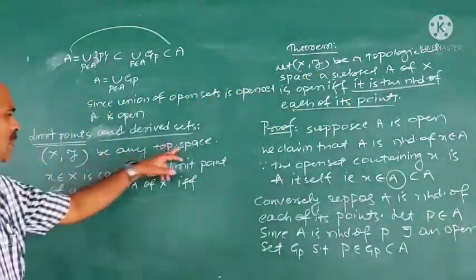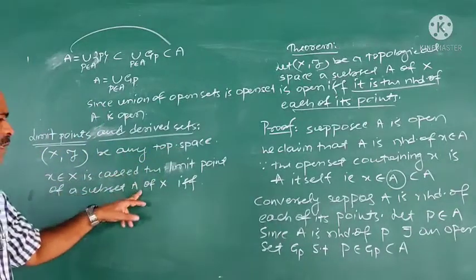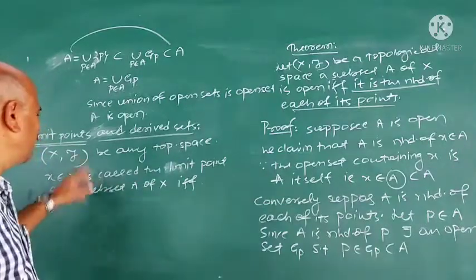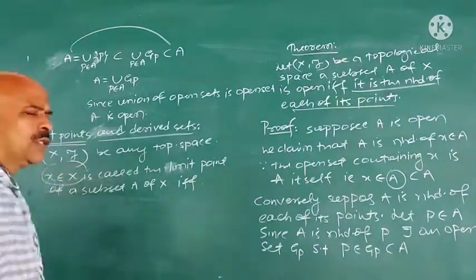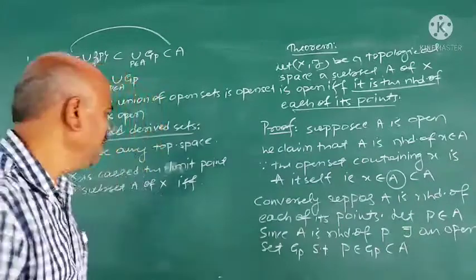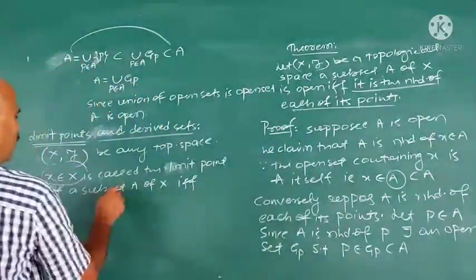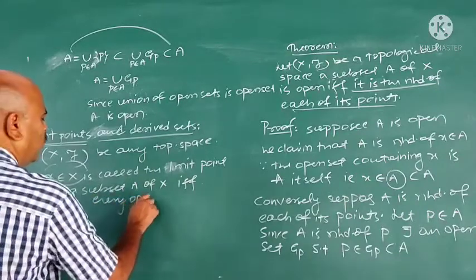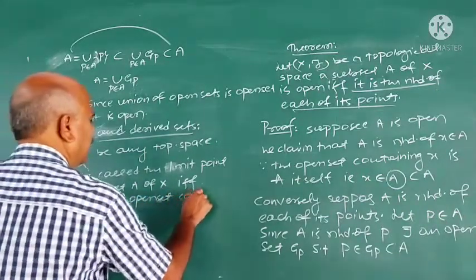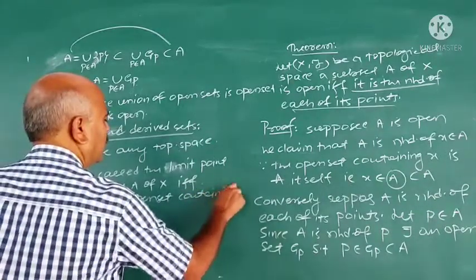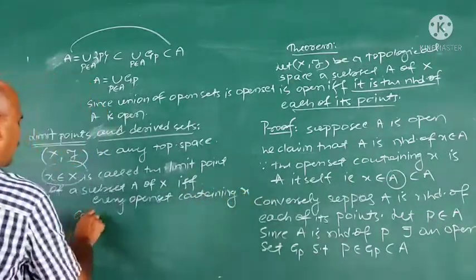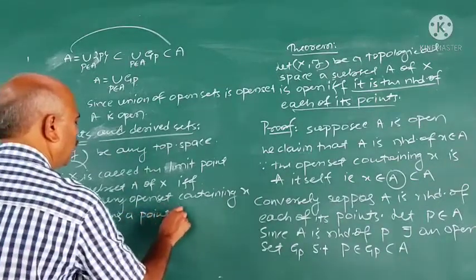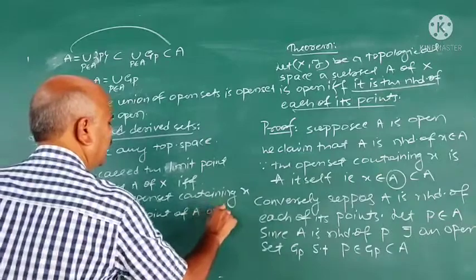Suppose X to be a topological space and A be a subset of X, and X belongs to X, that is important. X belongs to X is called a limit point of the set A if and only if every open set containing X contains a point of A other than X.